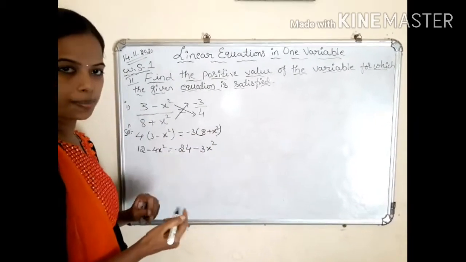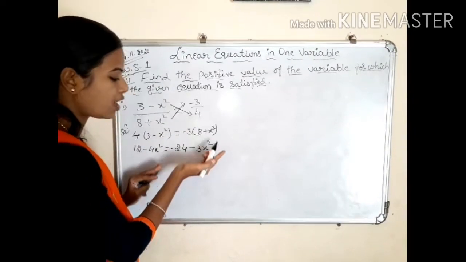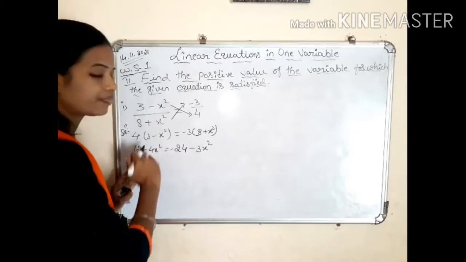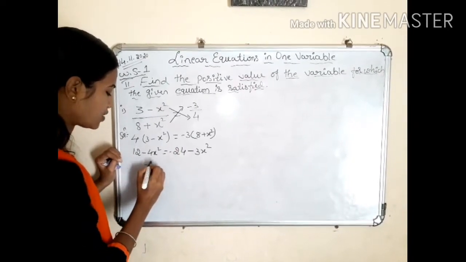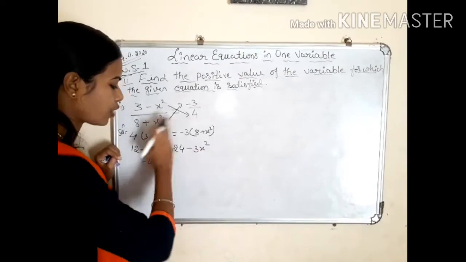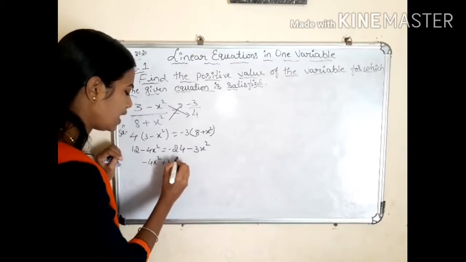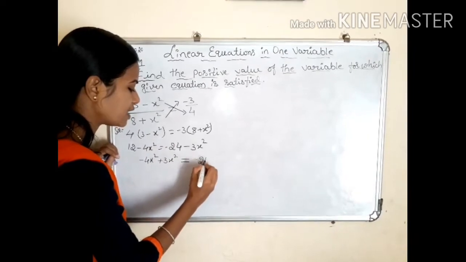In the next step, transposing the like terms. Here first transpose all the x square terms to the LHS and all the constant numbers to the RHS. Here minus 4x square keep here only. Minus 3x square take to this side, then the minus sign changes to plus 3x square. Equal to minus 24, write as it is.